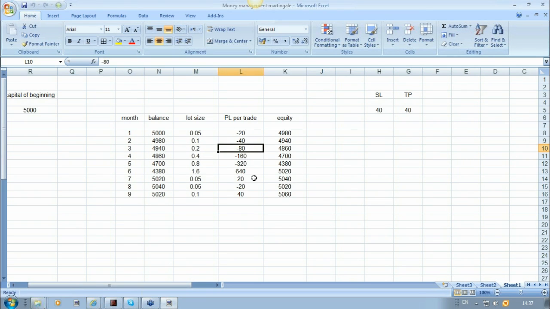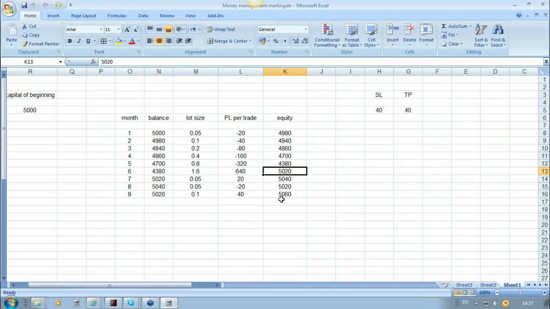Then minus 80, and so on. I'm here now, and finally I got 40 pips profit, right? With $16 per pip. And my account grows to 5,020.